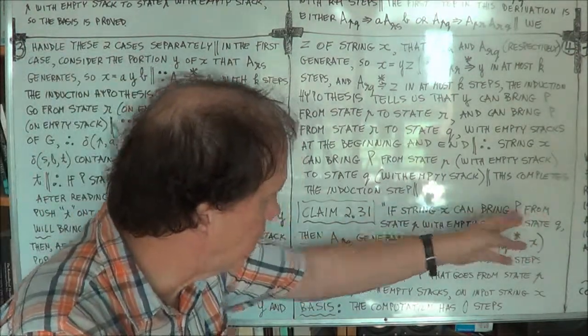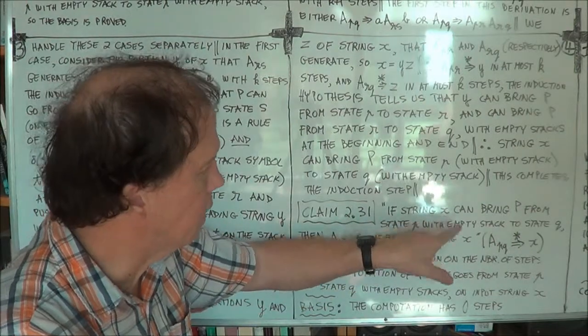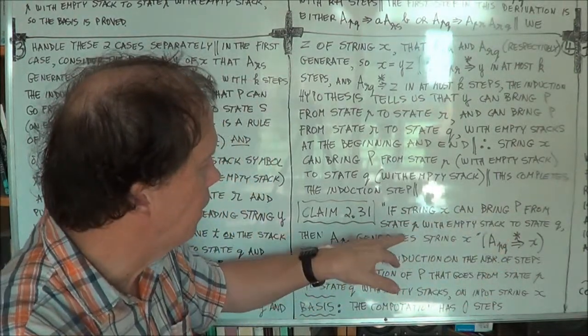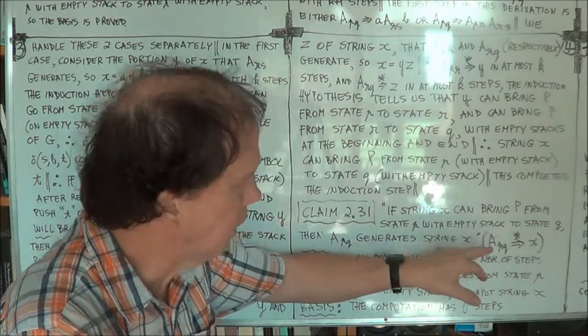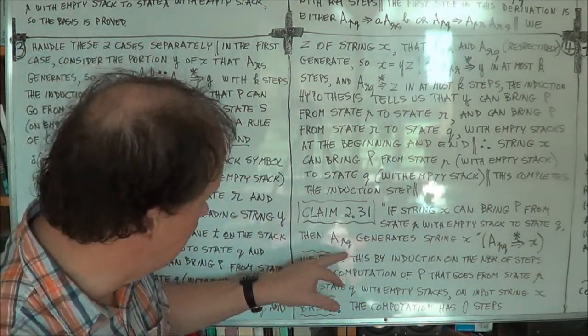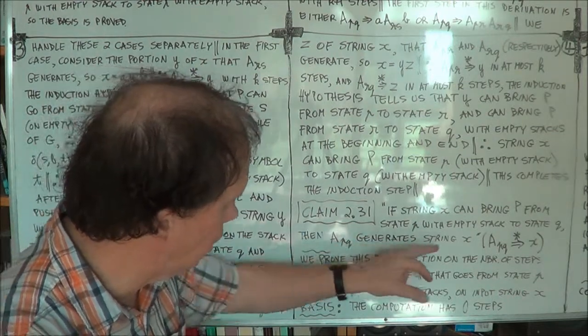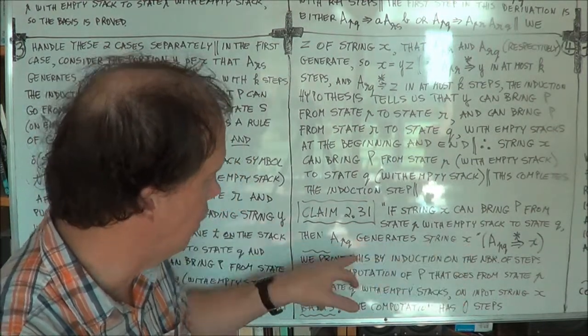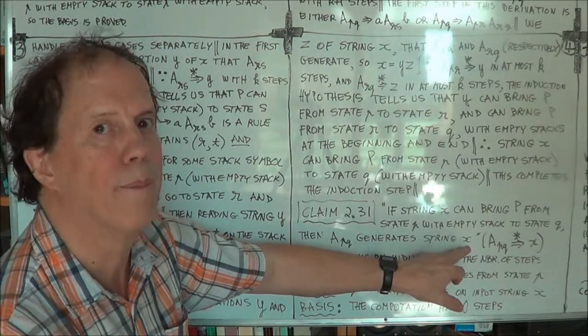Now we're starting with the PDA. So if this substring X takes the PDA from state little p with empty stack to state little q with empty stack, then this variable will generate the same string.